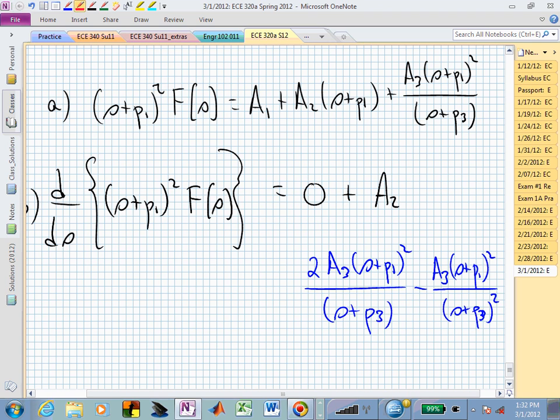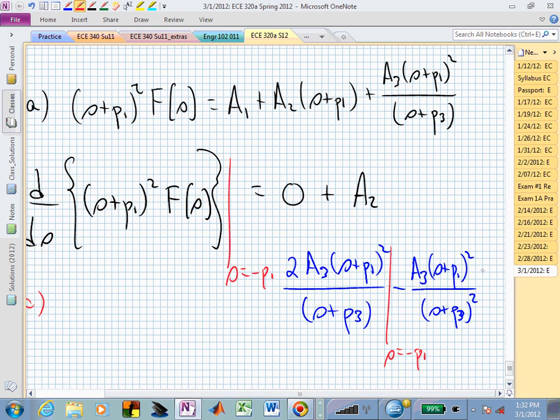That doesn't look so bad once we do the third step, which is step C in red, is when we evaluate this at minus p1. If we evaluate this, everybody see what's going to happen with those blue terms? If we plug in s equal minus p1 in both of those blue terms, they are going to vanish, and we don't have to worry about them, because we have minus p1 plus p1.